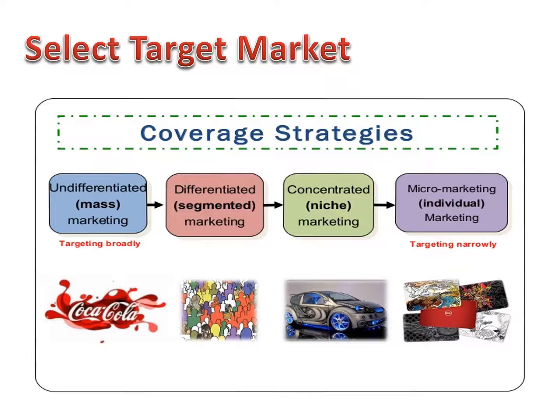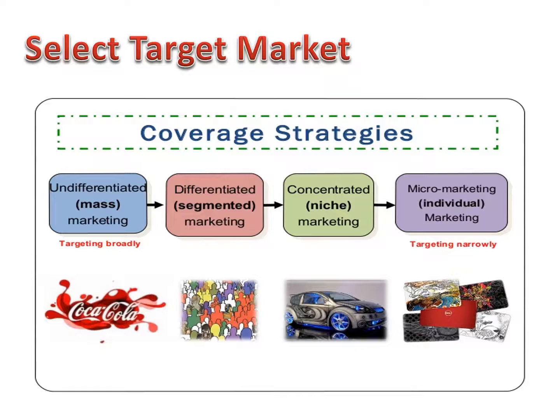So let's start off with undifferentiated targeting, which is a marketing strategy a firm can use if the product or service is perceived to provide the same benefits to everyone, with no need to develop separate strategies for different groups.